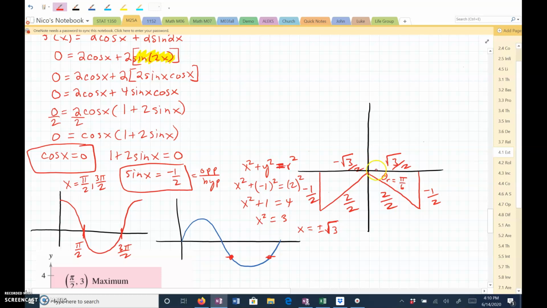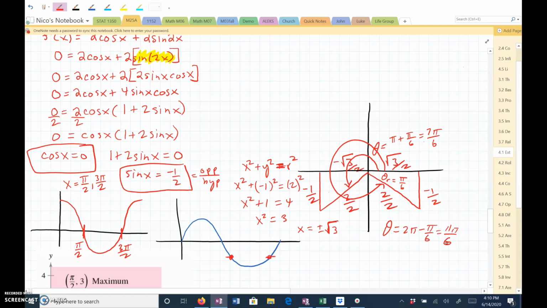That means this angle here would be pi plus pi over 6, which is 7 pi over 6. And this angle here would be 2 pi minus pi over 6, which would be 11 pi over 6.